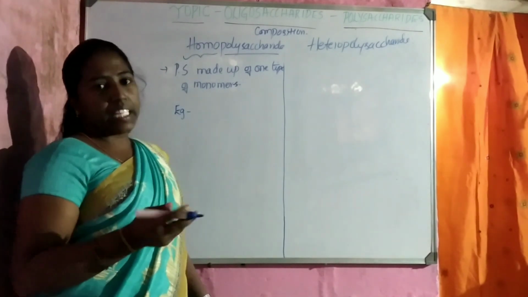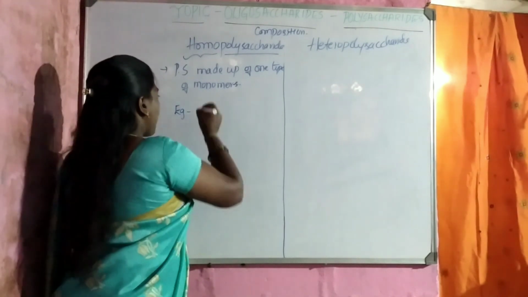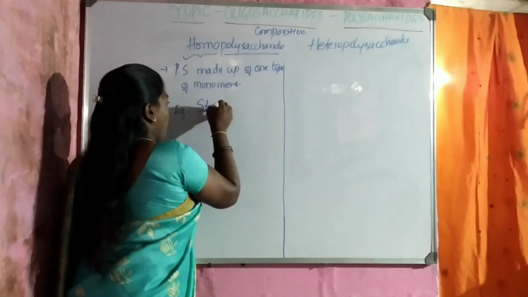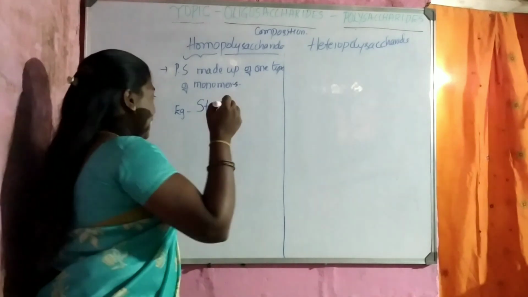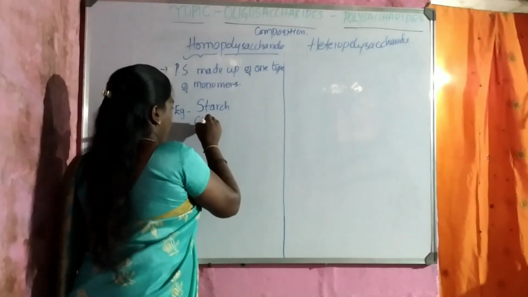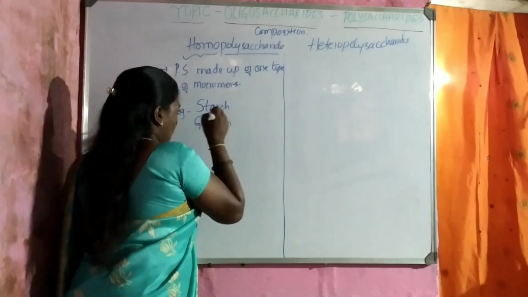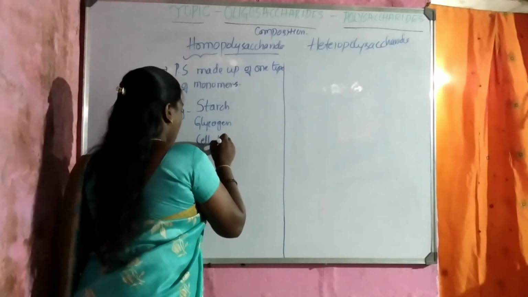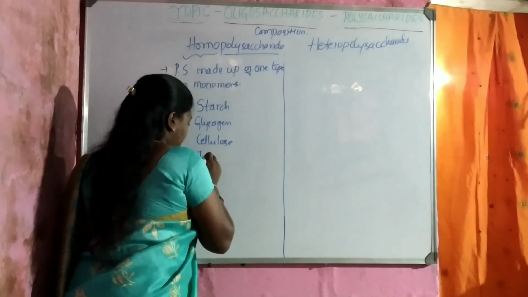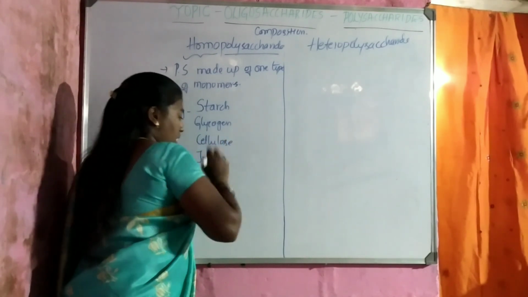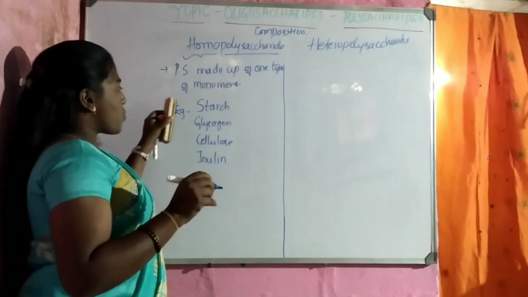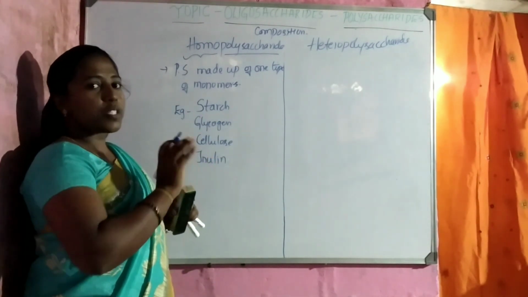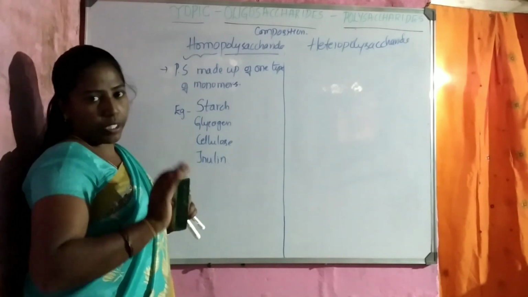Next, let us see examples of homopolysaccharide. You can take the example of starch. The next example is glycogen. Then cellulose, inulin. Here starch is made up of only one type of monomer.